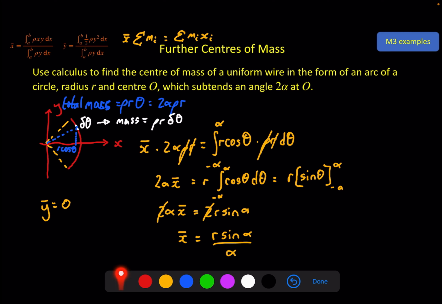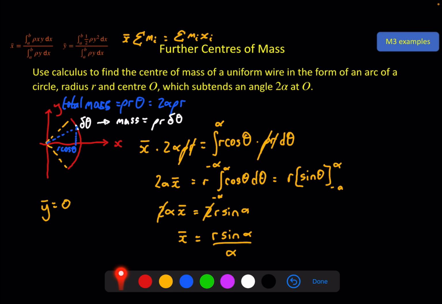And again, if you need to use this as part of one of your questions, you can just quote it out of the formula booklet without a problem. But if you need to prove it, obviously you need to go through this process. That's the final example, and I hope these have really emphasized that it's not really so useful to memorize these, although if you find it easy to do that, it might be worth doing.